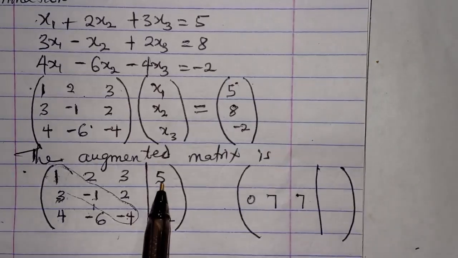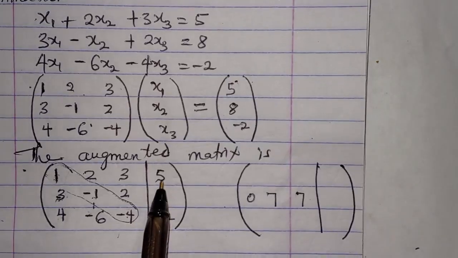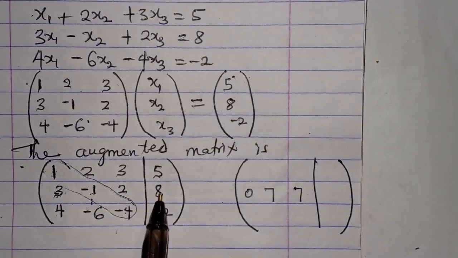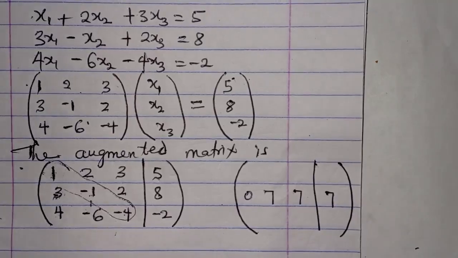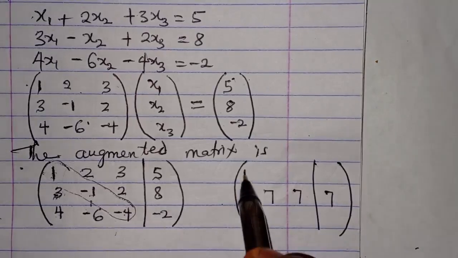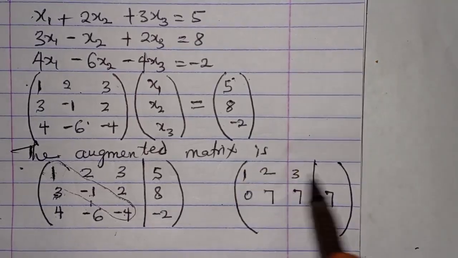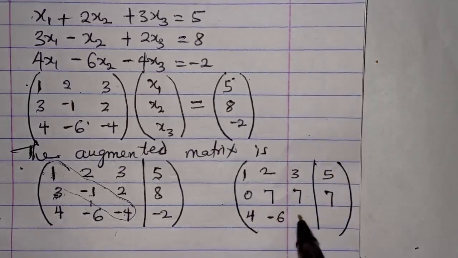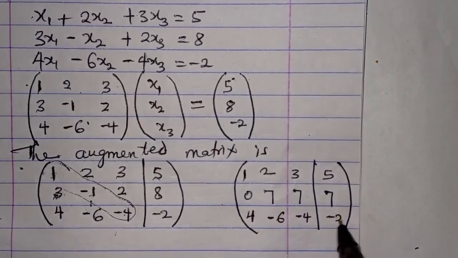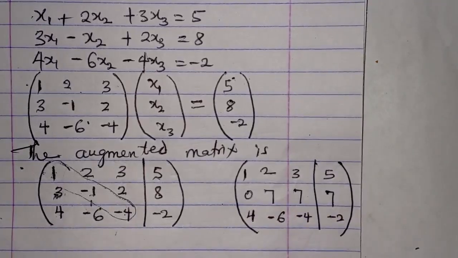Multiply this by 3, that's 15. 15 minus 8 is still 7. So I'll put 7 here. All other entries remain the same. This is 1, 2, 3, 5, 4, minus 6, minus 4, minus 2. That's it.